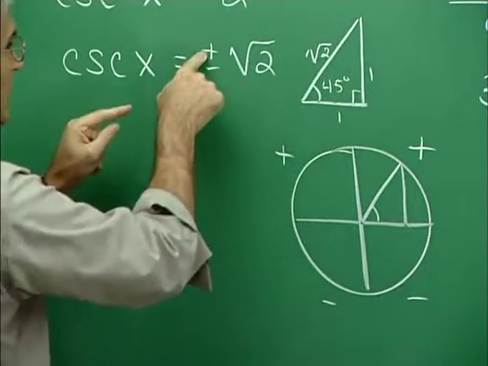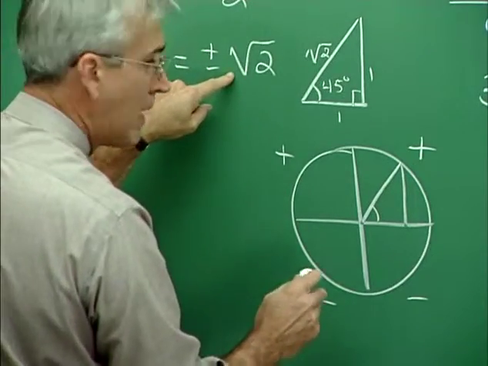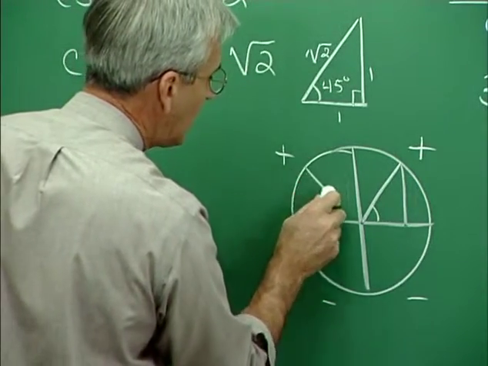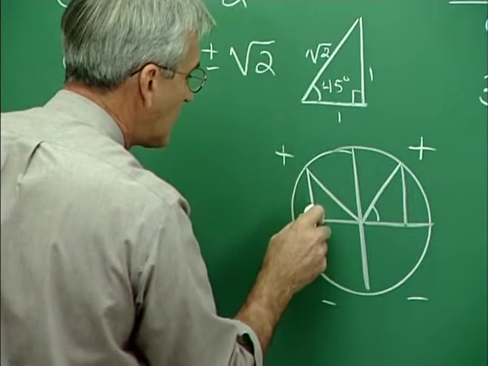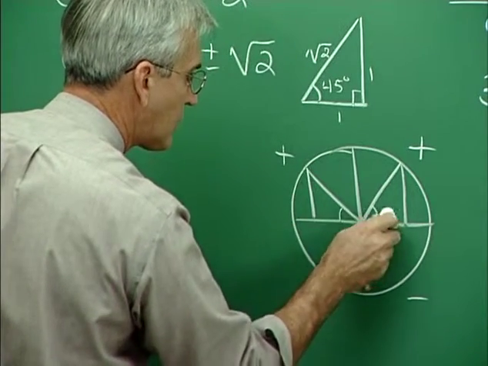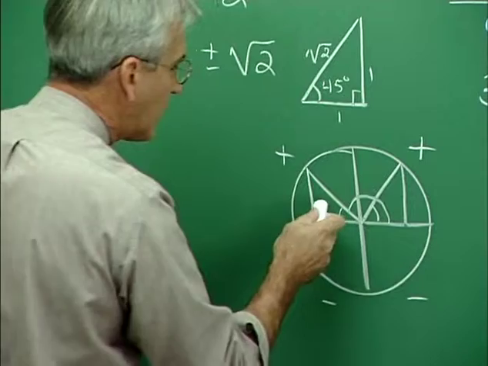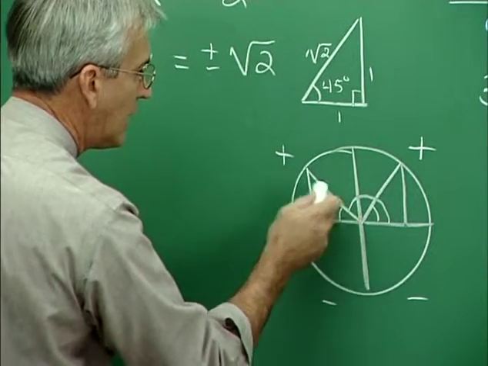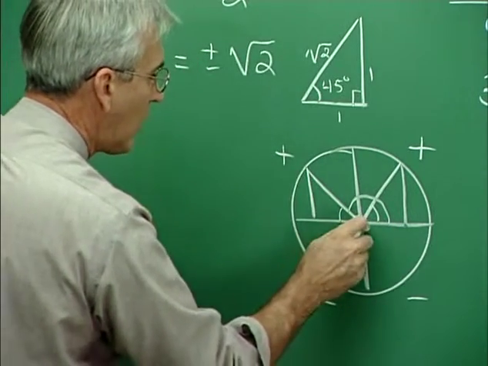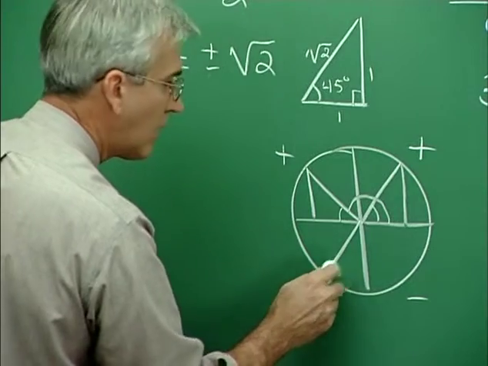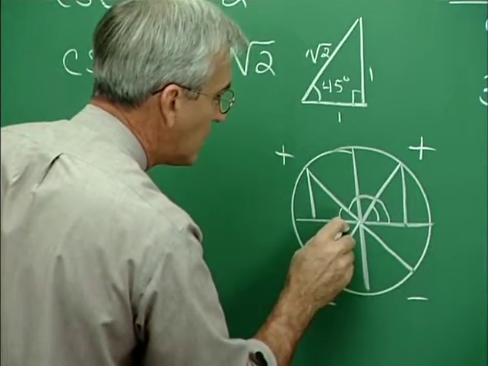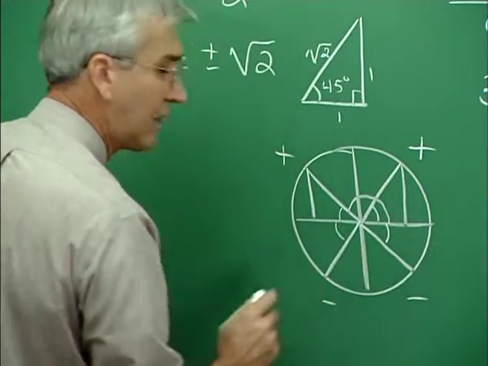But we're talking about plus or minus the square root of 2. So we have a reference angle in the second quadrant whose cosecant is the square root of 2. But we have a reference angle over here and we have one over here as well.